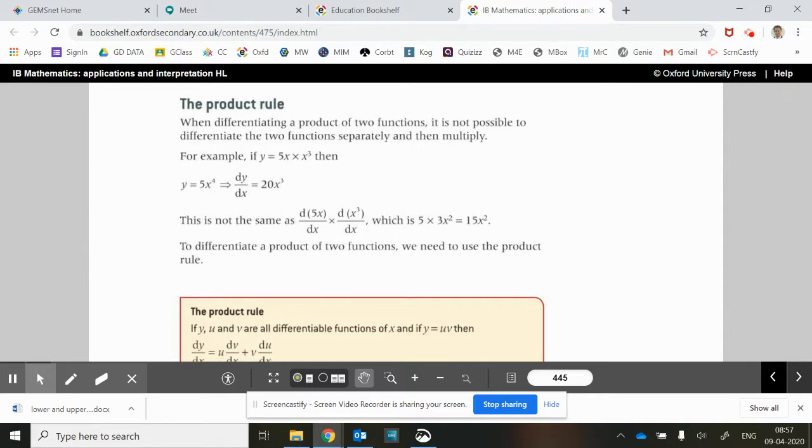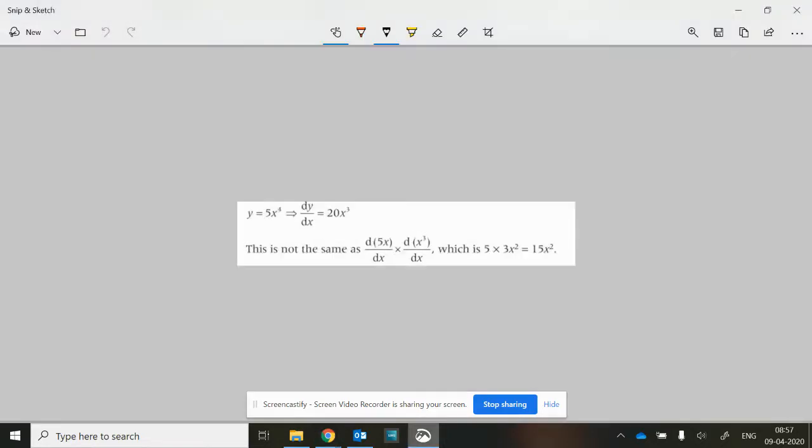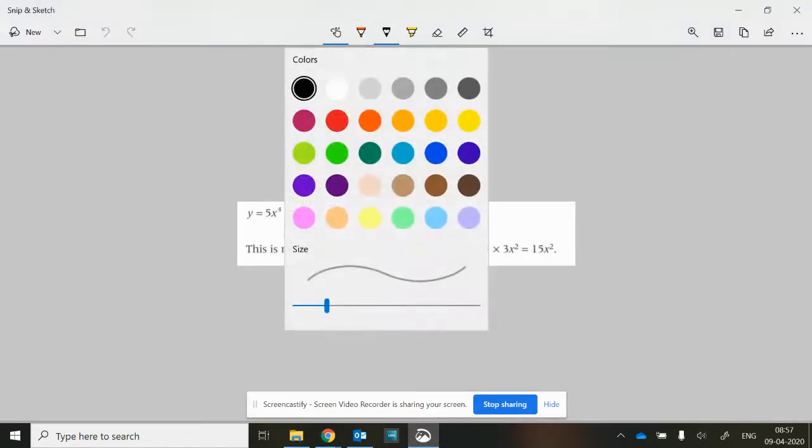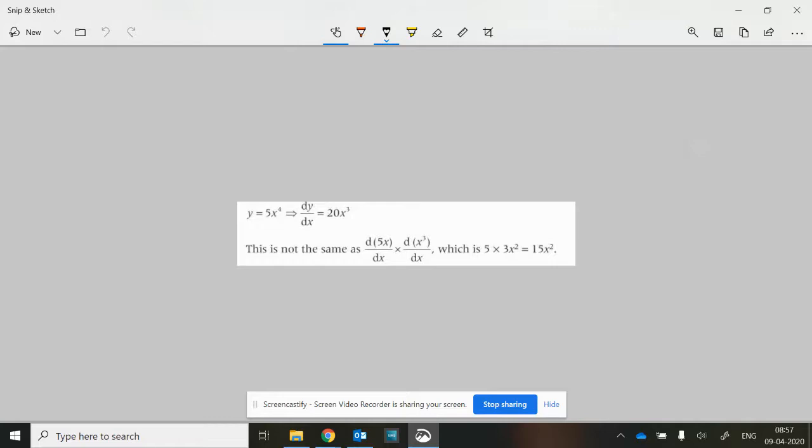It says, when differentiating a product of two functions, it is not possible to differentiate the two functions separately and then multiply. Okay, so they give you a little example here, and let me just make some sense of this to start off with. Now, normally we're used to doing something like 2x cubed plus 4x squared.